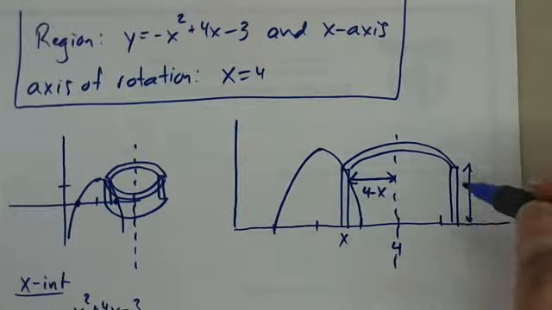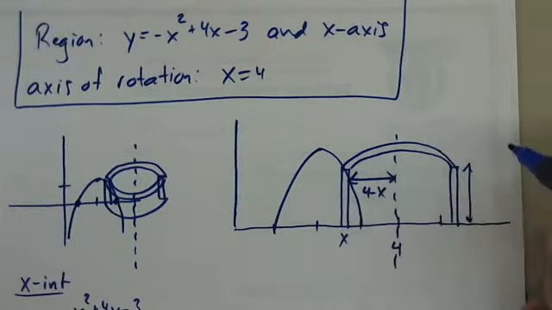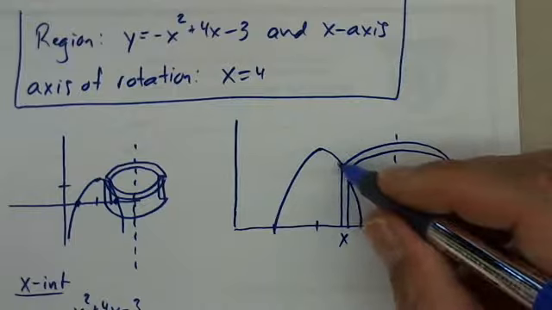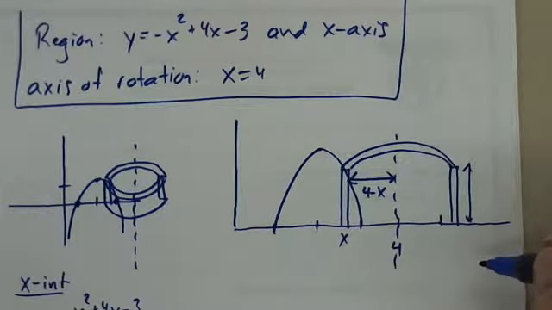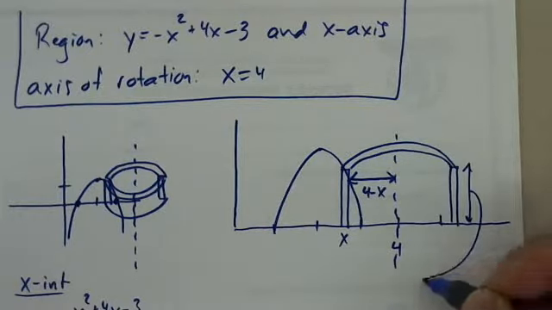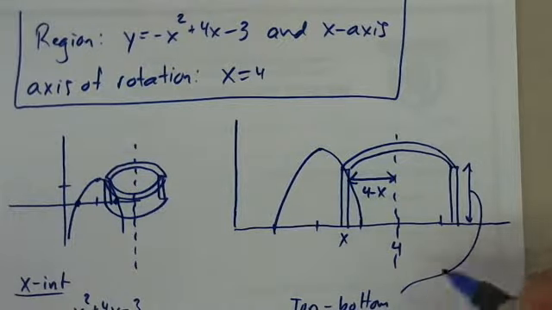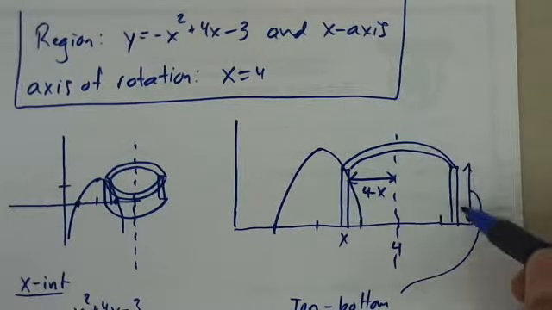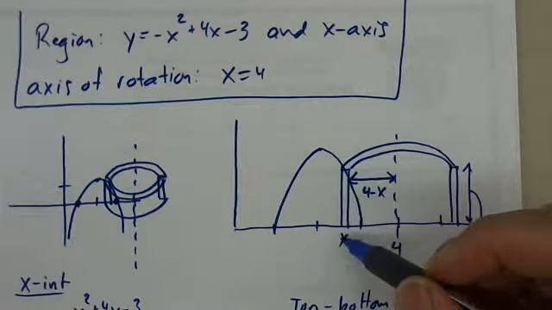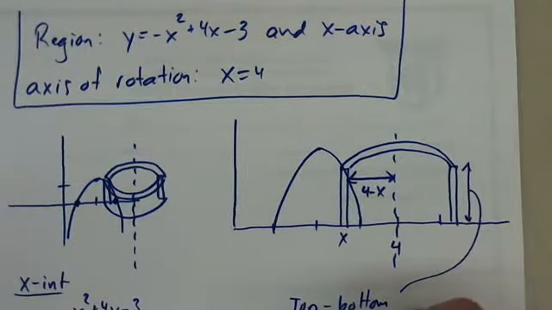The height of the cylinder is going to be top minus bottom, so that's just going to be the function minus 0 in this case. So let's look at this distance, which is top minus bottom, and the bottom is 0.